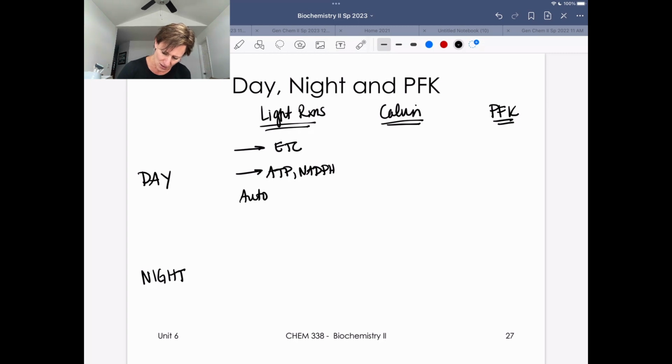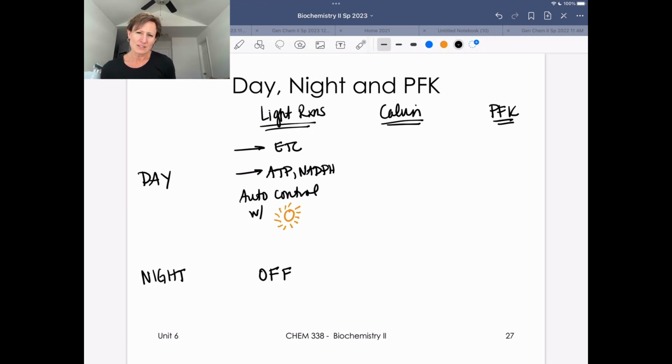So we're going to call this auto control, with, and I'm going to draw a sun here, because the sun is ultimately going to be determining whether electron transport can occur. And if electron transport can't occur, we're not going to be doing any of this stuff. That's what we'd expect at night: the light reactions should be off, but that's automatically controlled by the fact that there's no light.